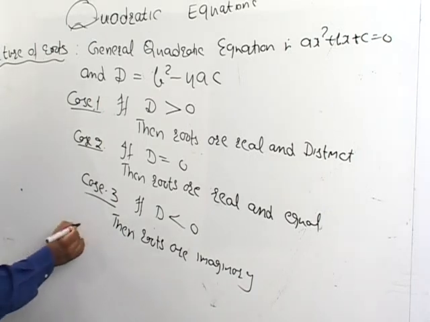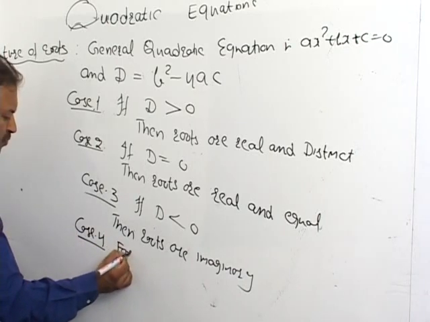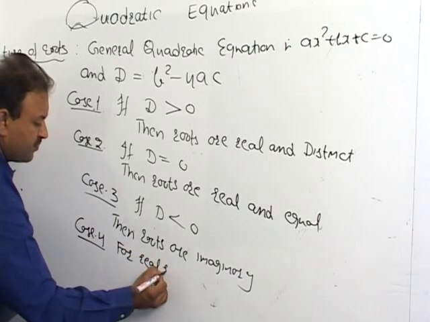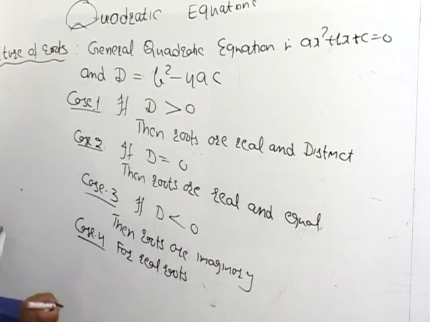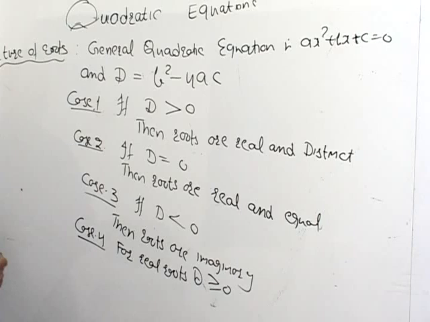Case 4, for real roots, D should be greater than or equal to 0.